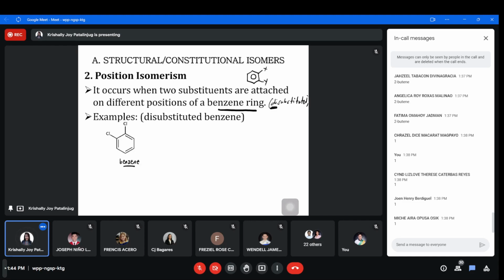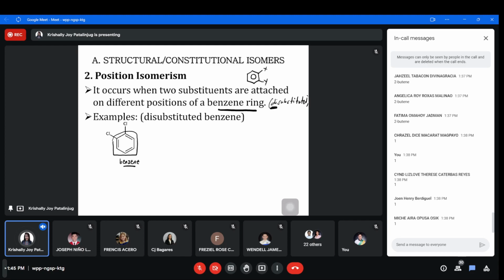Okay, kumbaga, when you look for the parent chain, automatic, it's the benzene ring. Okay, so you already have identified the parent, you simply identify now the substituents. Okay, so yung numbering, you have encountered naman cyclic rings, di ba?